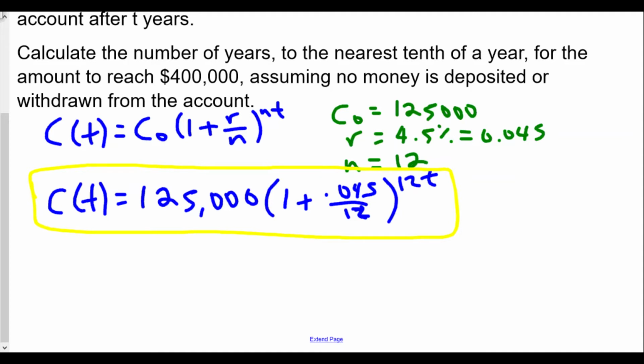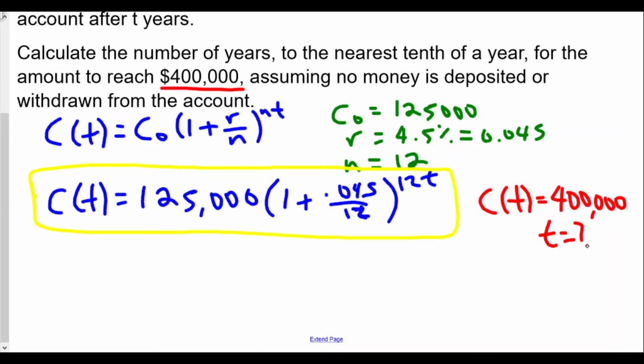Again, you want to show the work to get credit for the second part of the question. The amount we want to look for is $400,000. That's C of t, so we enter 400,000 for C of t, and our t value is the unknown.